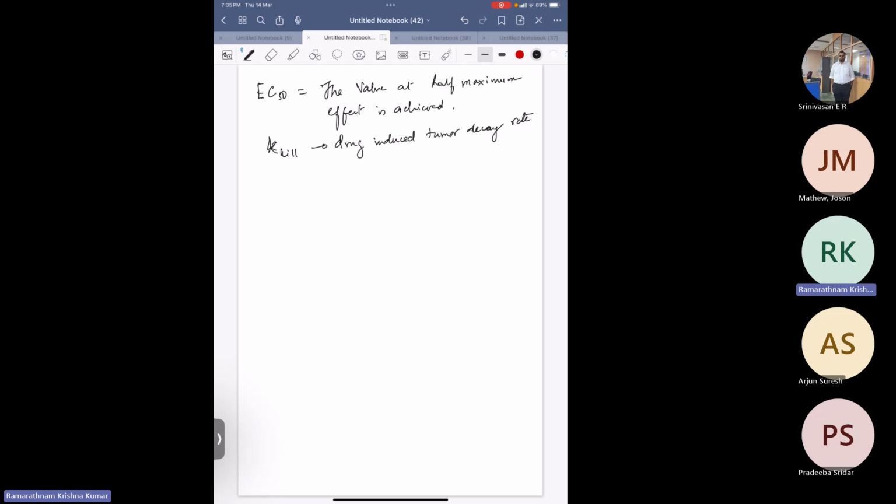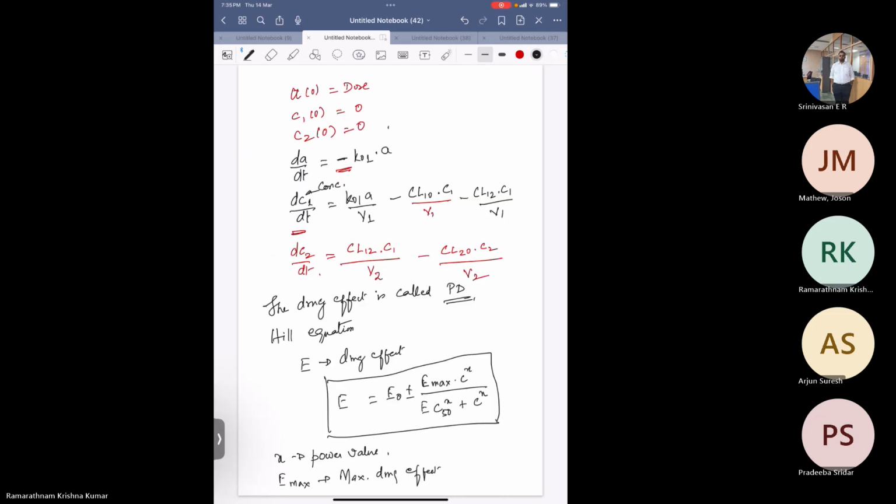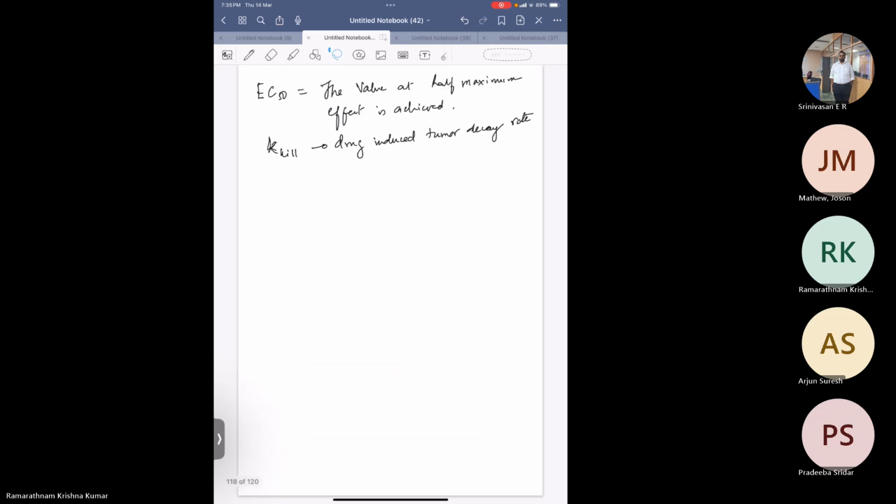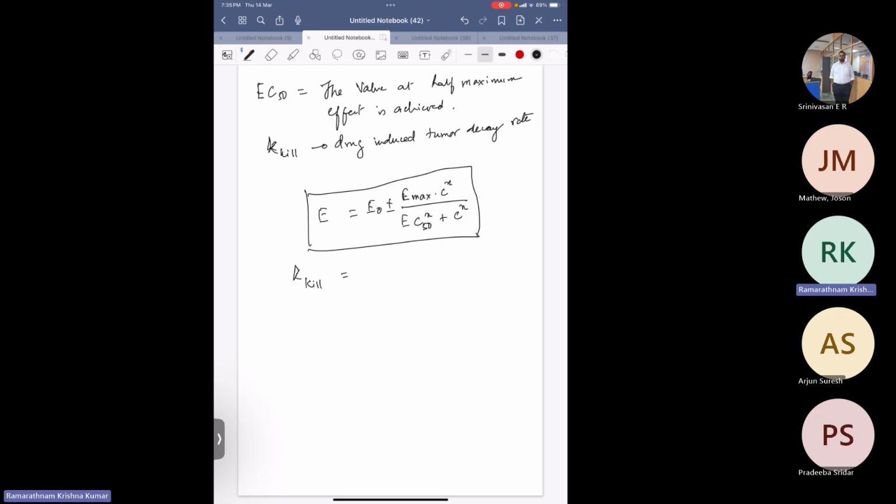Now, let me get this equation. So K kill is equal to E, because drug effect means how much tumor-induced decay rate there is. That's what the drug's effect is, right?